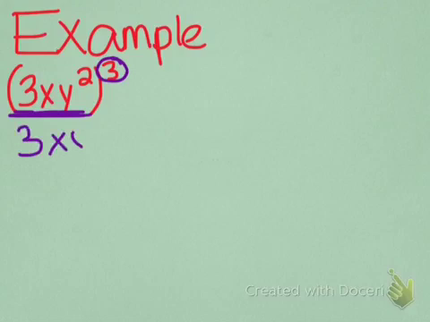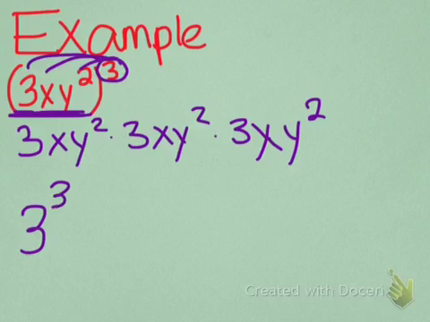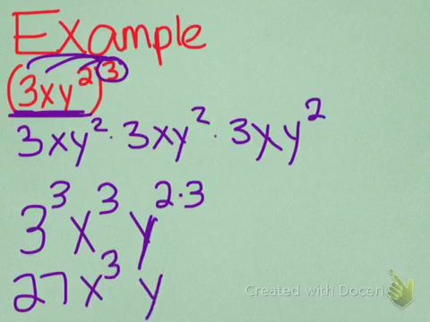So 3xy squared times 3xy squared times 3xy squared. That's what that means, but you don't need to write all that out when you just can remember to apply that 3 to each of them. So 3 to the 3rd power, x to the 3rd power, and y squared to the 3rd power. 3 times 3 is 9 times 3 is 27. X to the 3rd, y to the 2 times 3 is 6. So that's our answer.